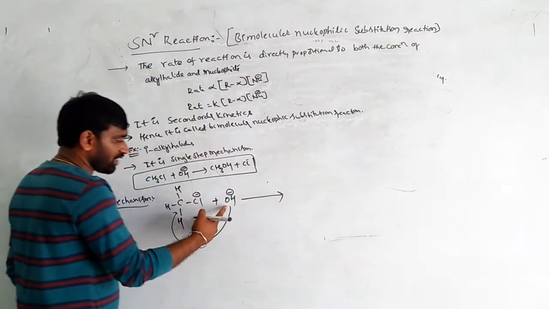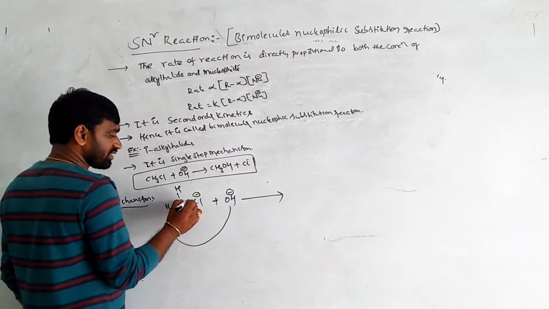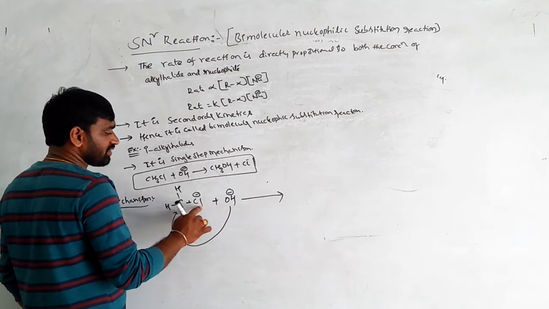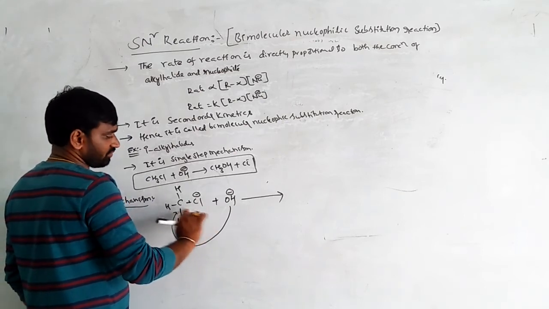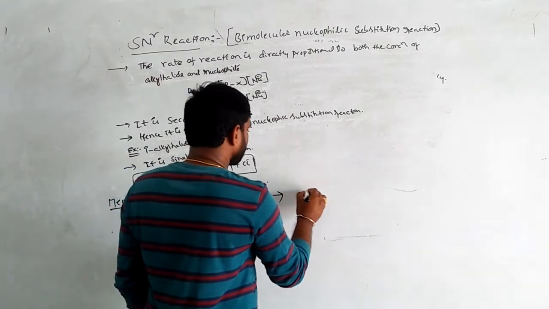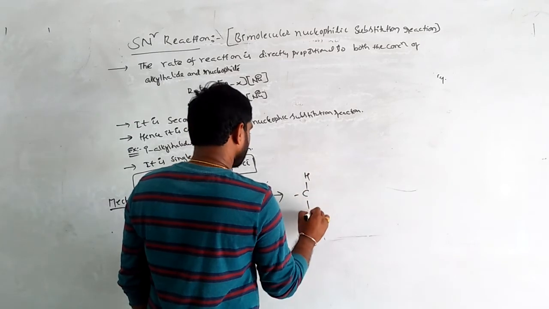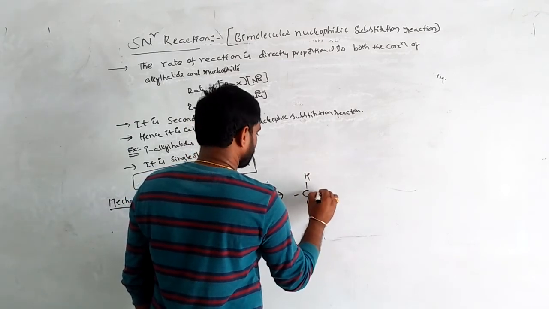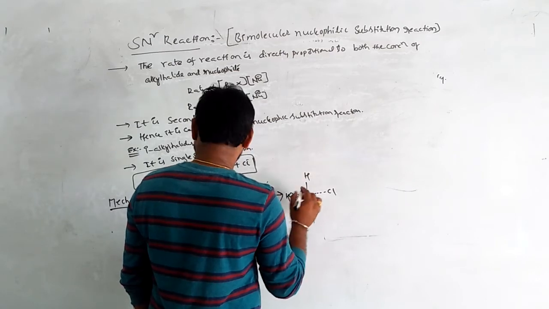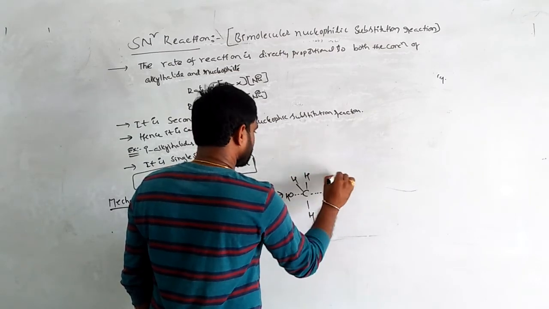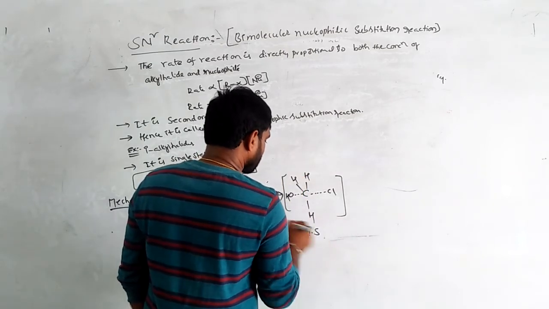Here the nucleophile attaches to carbon on the backside, and simultaneously the bond breaks between carbon and Cl, to form the transition state with HO, C, H3, Cl. Which state, students? Transition state.